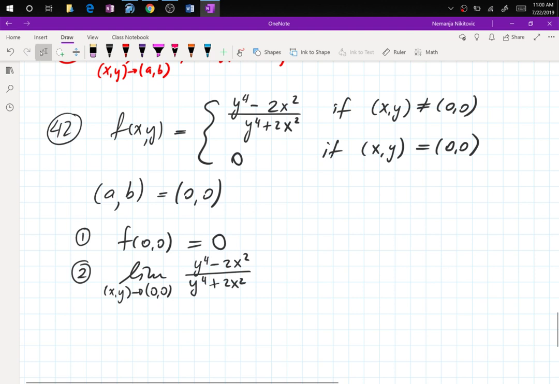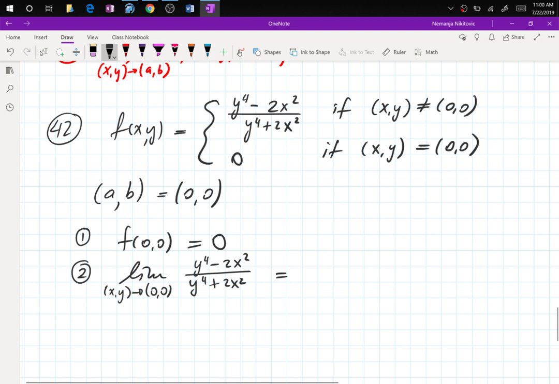So now we need to solve this limit. We can't factor the denominator. That's the bad part, because the denominator has addition in it. We can't factor anything from any of the terms because they're different. And no square roots.